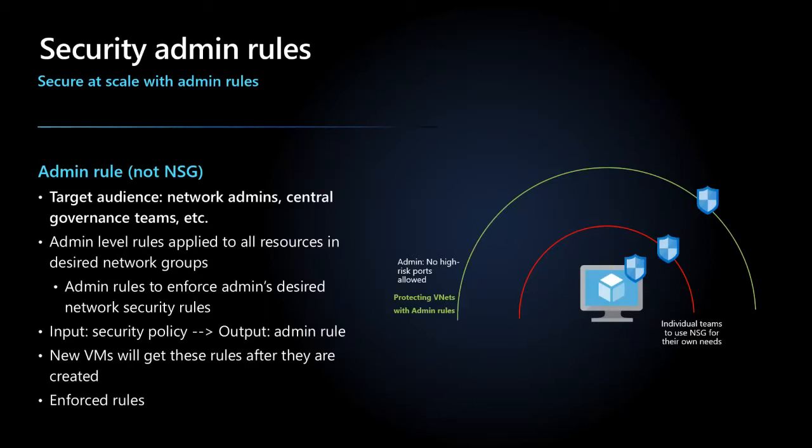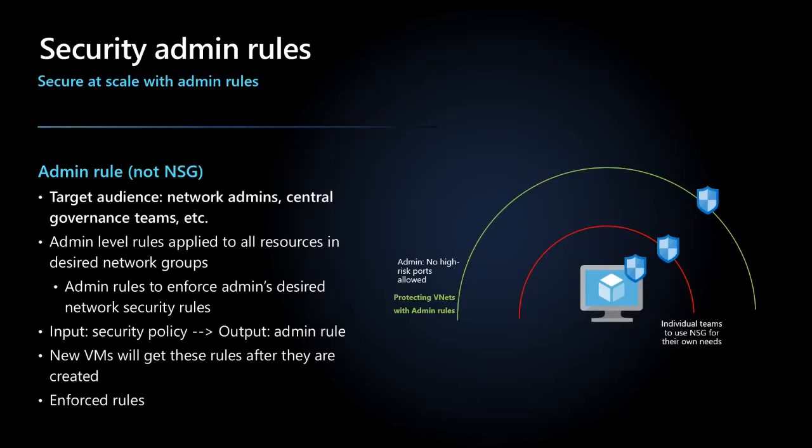The target audience of this rule would be network admins or the central governance team. What you can do is use admin rules on the VNet, and admin rules will always be evaluated prior to NSGs.